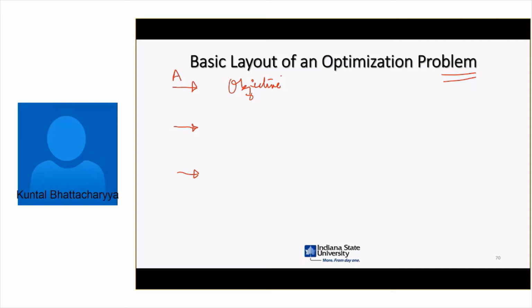What is your objective? In this context, your objective is trying to figure out whether you want to minimize something, maximize something, or keep something at a fixed value, like the way we did with break-even analysis. What is your objective? That's the first piece of the puzzle.